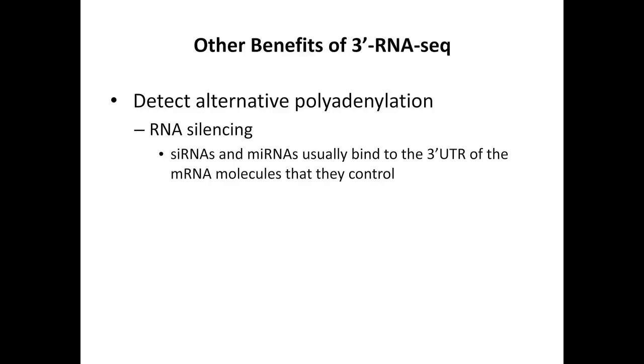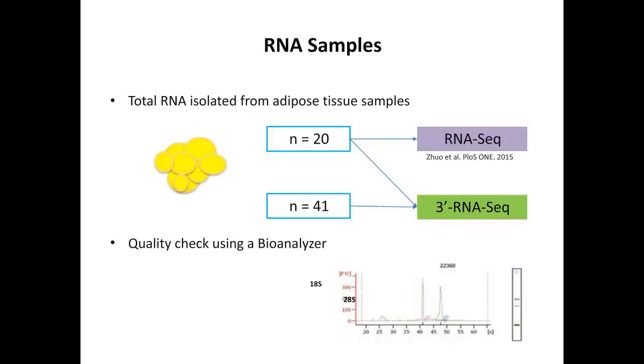So it is extremely important to know exactly how big the transcript is and its 3' UTR region. If we know this information, we can understand these mechanisms, for example how one transcript could be silenced with siRNA or miRNA. This is another benefit of 3' RNA sequencing.